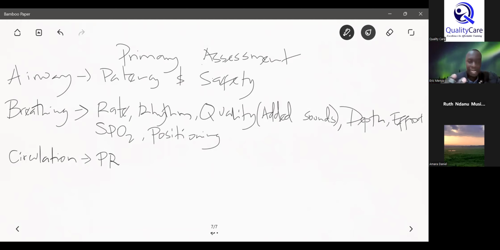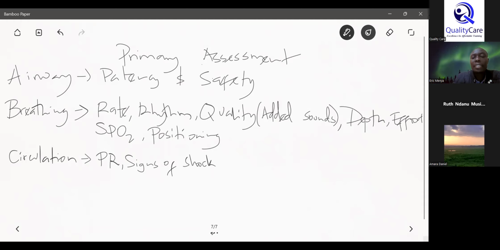Now, additionally, we check for signs of shock. In pediatrics or even adults, when we are assessing, start at the fingertips. At the fingertips first, observe the color. Is there pallor, cyanosis? There isn't any. How is our capillary refill? Is it less than 2 seconds, or is it delayed, which would suggest hemodynamic compromise?